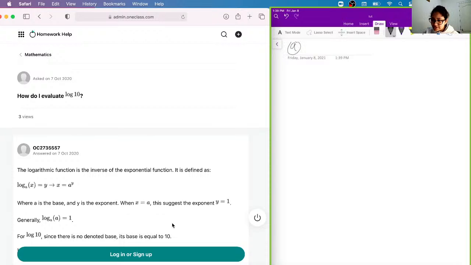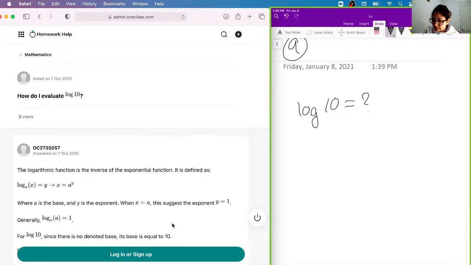Okay, our next question says, how do you evaluate log of 10? Okay, so this is a logarithmic function. If you recall, the logarithmic function is the inverse of the exponential function.